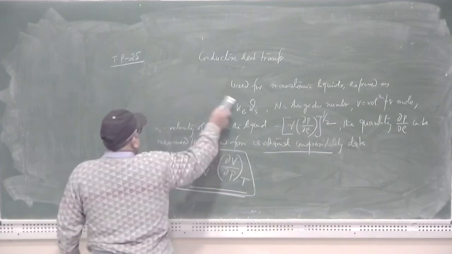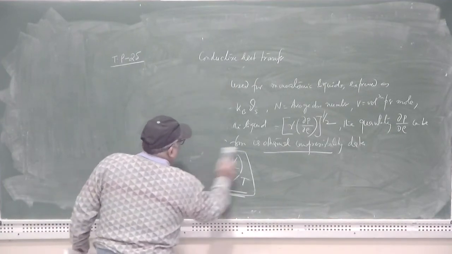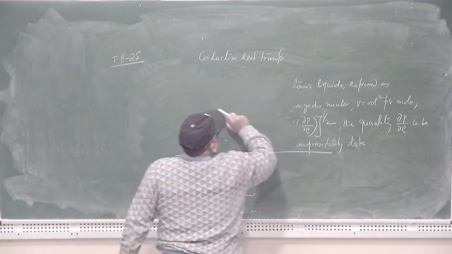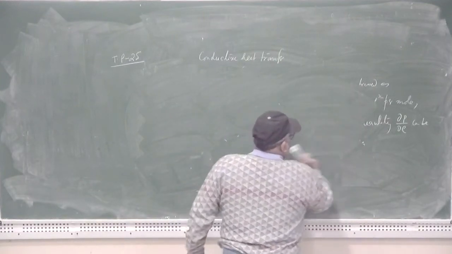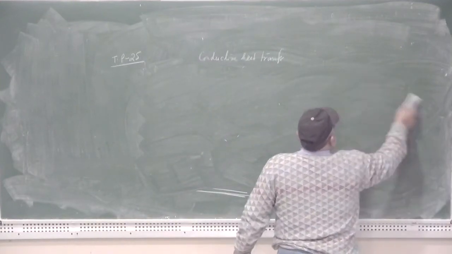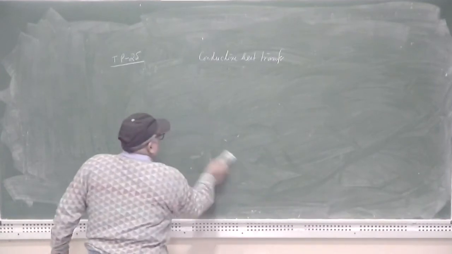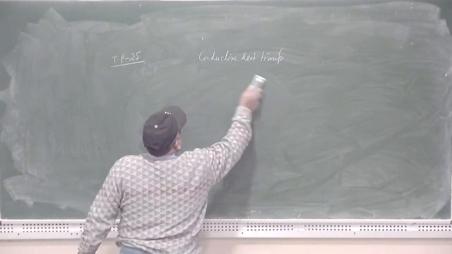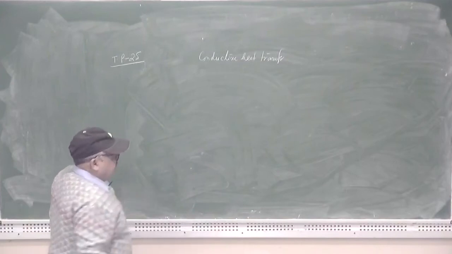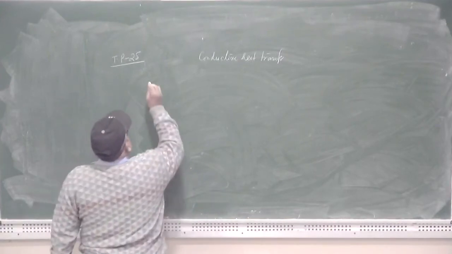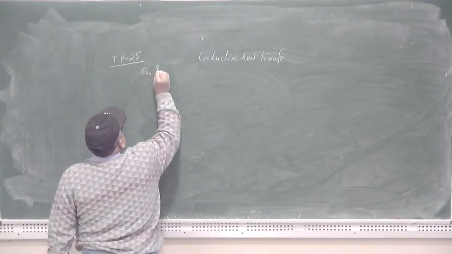Now come to the solids. For the determination of thermal conductivity through empirical relationships in the case of solids, there are two types of relationships.